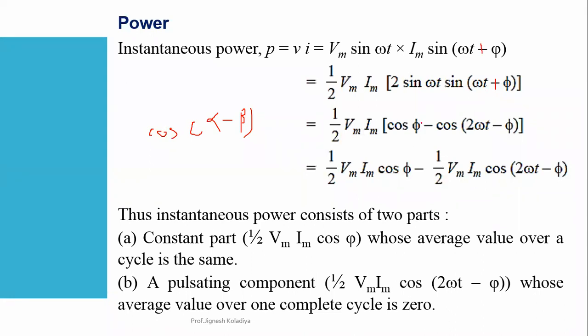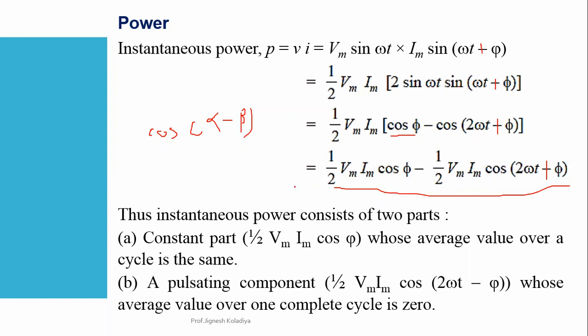So I'm getting cos of minus phi, but as cos is an even function, I'm getting cos phi only, minus cos of (2 omega t plus phi). So this is the equation for instantaneous power in the RC circuit.